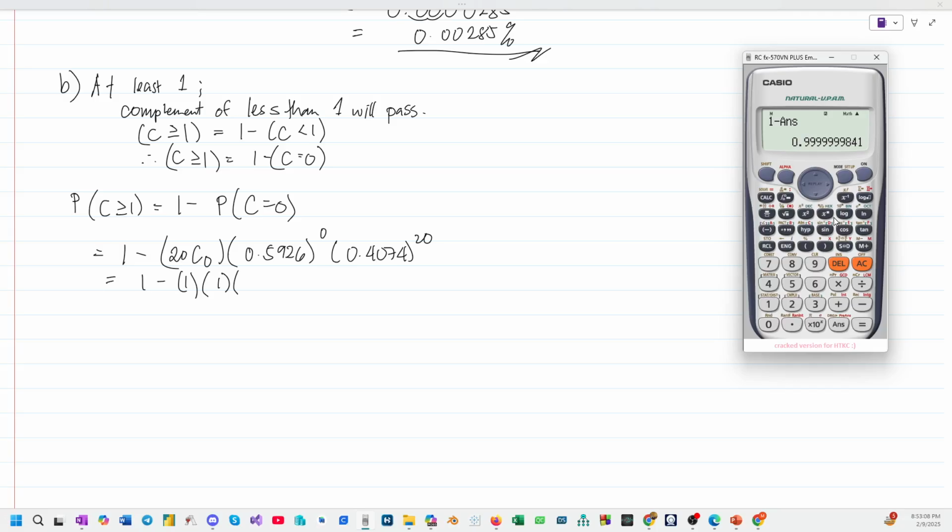Yan. So, lagyan na natin yung 0 point, blah blah blah 1 lang naman yan. So, equal siya sa 0.9999 or 99.99%. So, 999 hanggang 4th decimal lang naman tayo. Yan. So, answers natin. Okay.